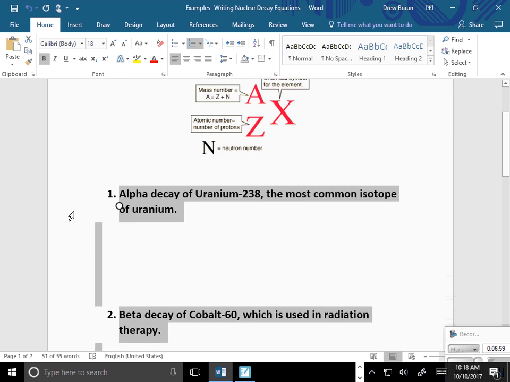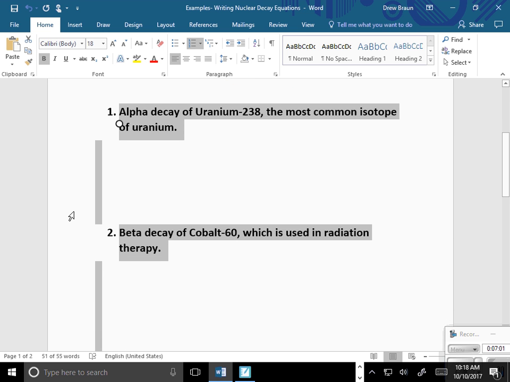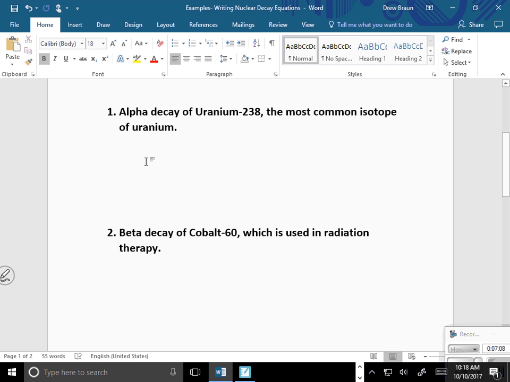All right, this board's going to tick me off here. All right, here we go with the alpha decay. This is probably going to be the same thing, isn't it? Uranium. Oh, it's not even going to work.